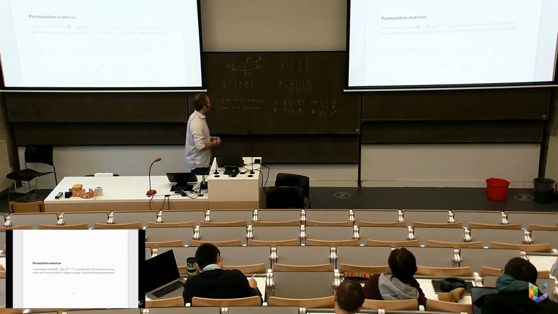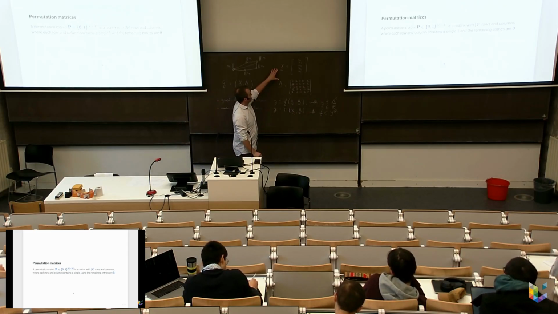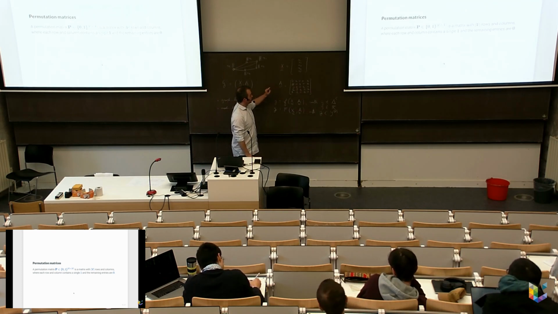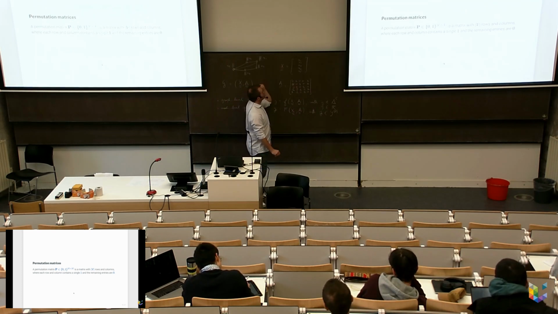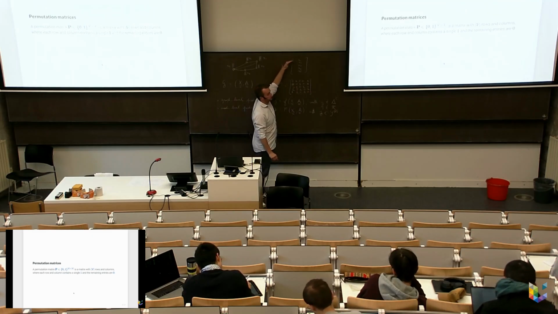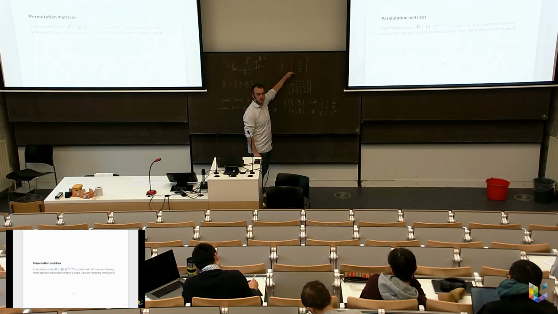So what I'm saying is that because of this representation, we are imposing an ordering on the nodes. Okay, we are saying that there is a node which will be the first, there is a node which will be the second, there is a node which will be the third, and so on and so forth.